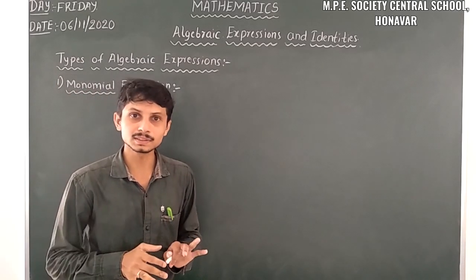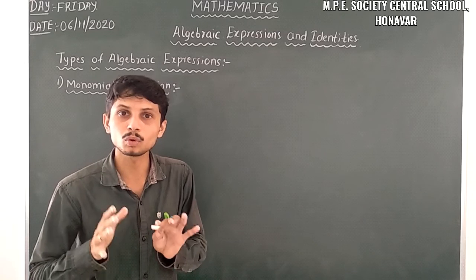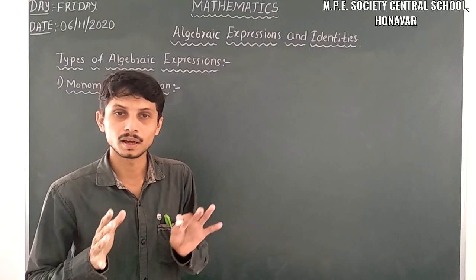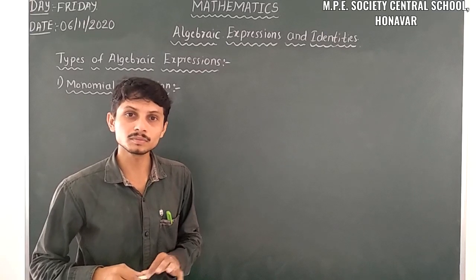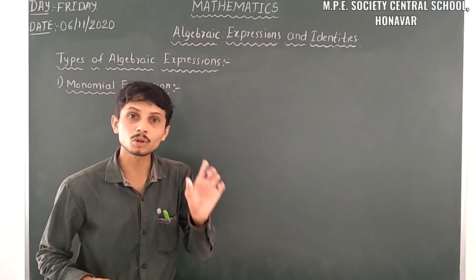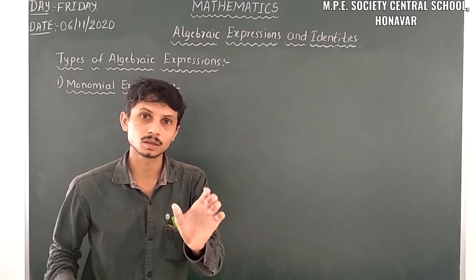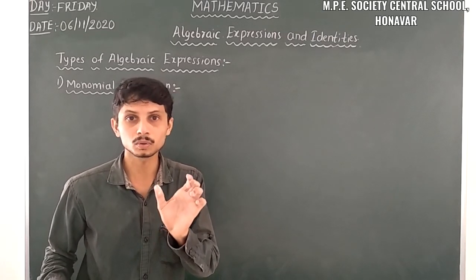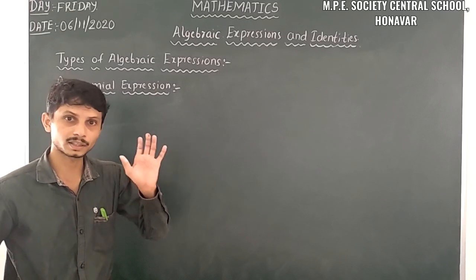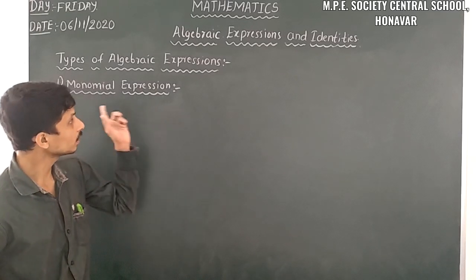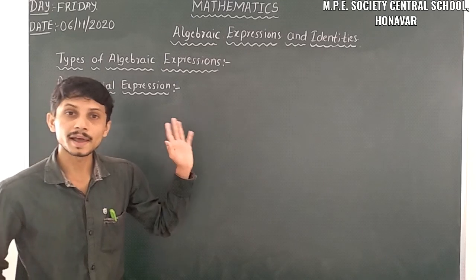Monomial expression means an algebraic expression having only one term, so we call it a monomial. Mono means only one, or mono means single. We have taken it as a single, so that's why we call it a monomial expression.